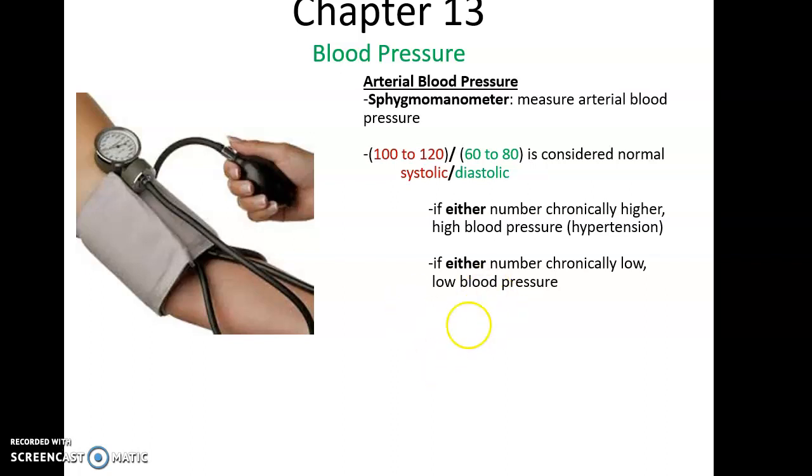And if either or both numbers are chronically low, then the person has low blood pressure, which is called hypotension. So again, this has to be chronic, constant, because obviously our blood pressures do change depending on the amount of activity and excitement we are experiencing.